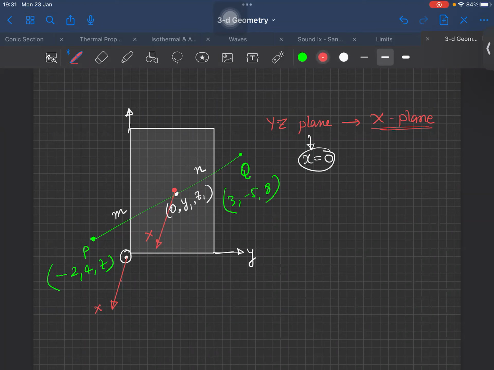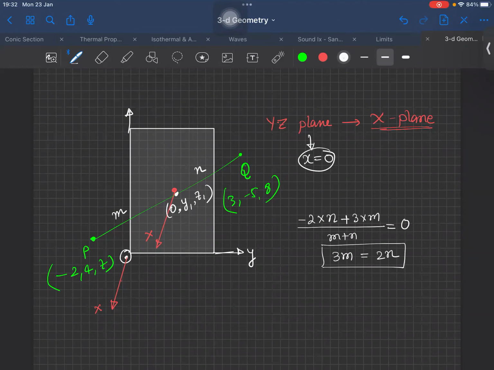Again, whatever information we have, we'll use that. So (-2 times N plus 3 times M) divided by (M plus N) is equal to 0, because the X coordinate is 0. From here we get 3M equals 2N.